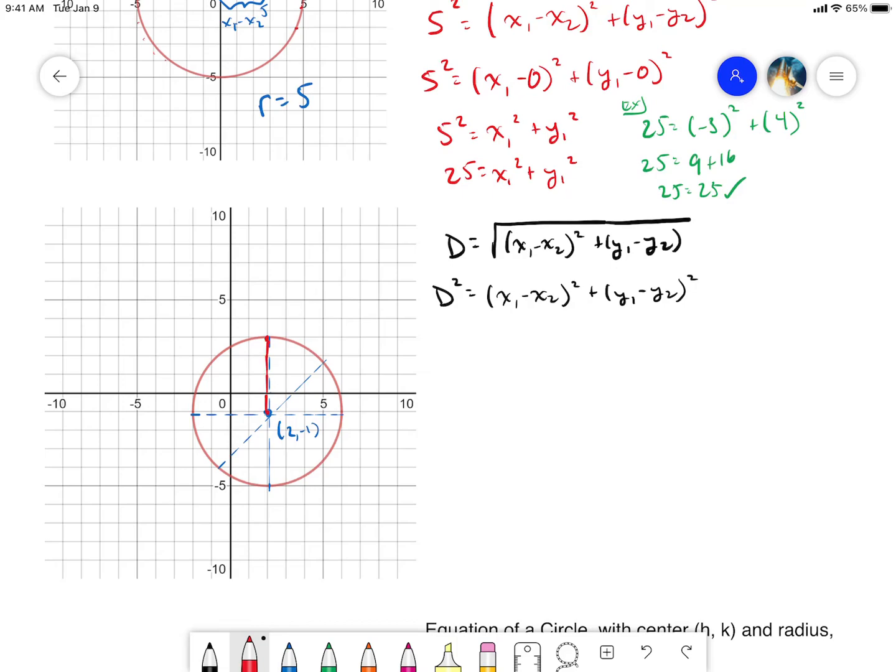Now let's see if that's uniform. I'm finding another point and going, okay, is this 1, 2, 3, 4 points away? It is. So what I now know is that my center is at 2, -1. I know my radius is equal to 4.